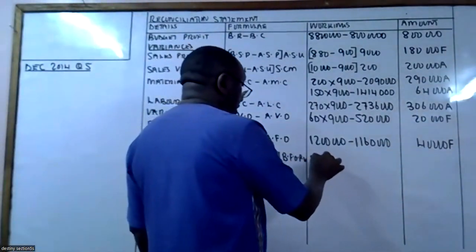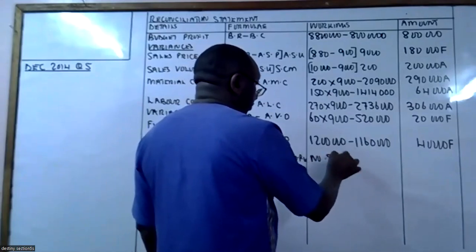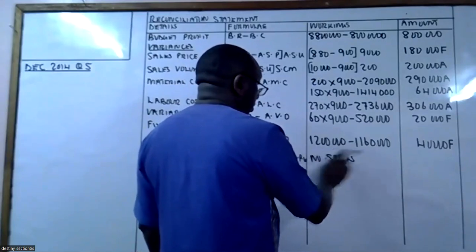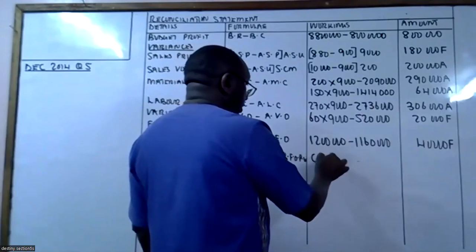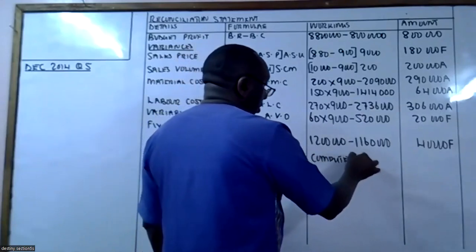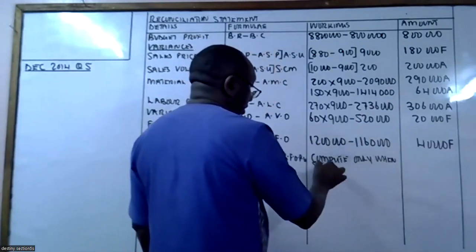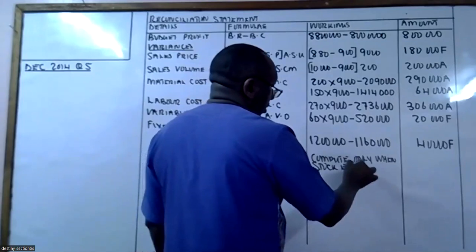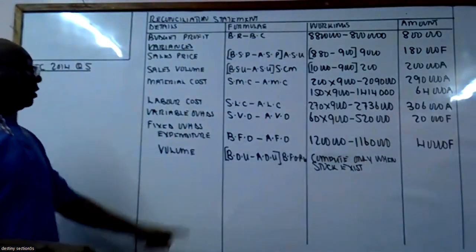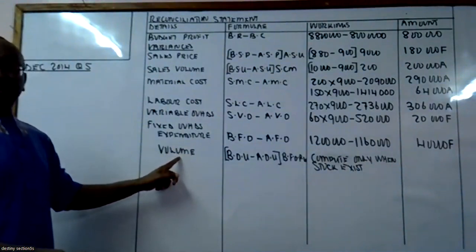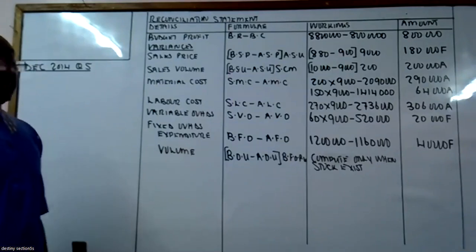So no closing stock or no stocks. Compute only when stocks exist. But for the examiner, you don't write that. If you see there is no stock, you don't put it. But I'm just putting it that way because you may come across a question that has stocks.